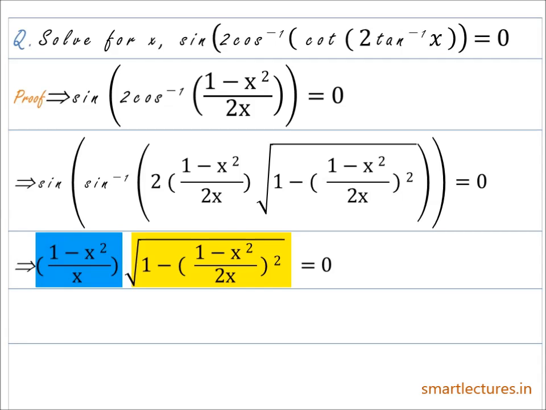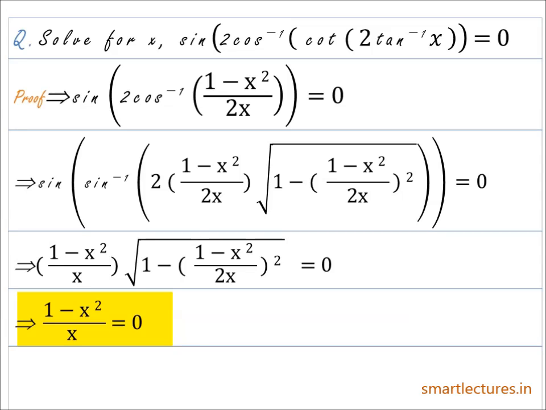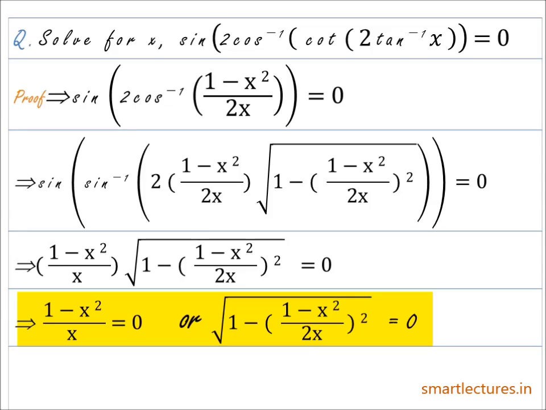And the product of two factors is 0 if and only if either of them is equal to 0 or both of them are equal to 0. That means either 1 minus x square upon x is equal to 0 or the square root of 1 minus x square upon 2x whole squared is equal to 0.